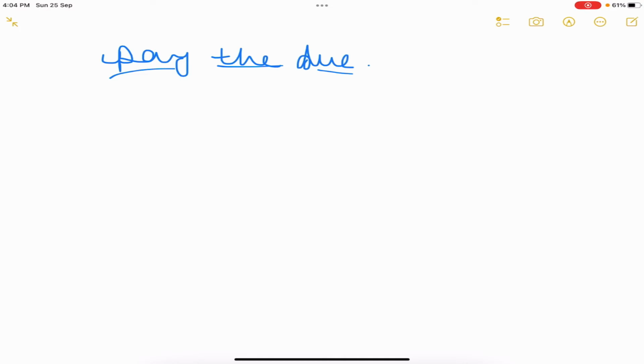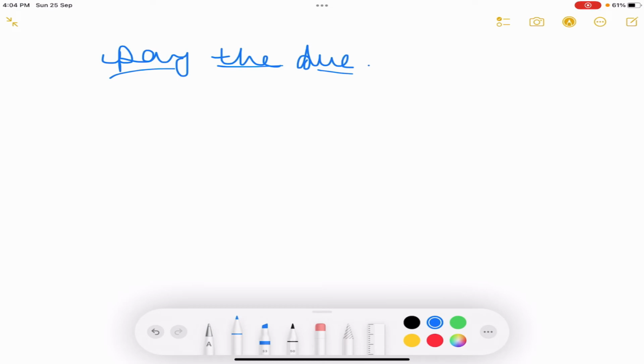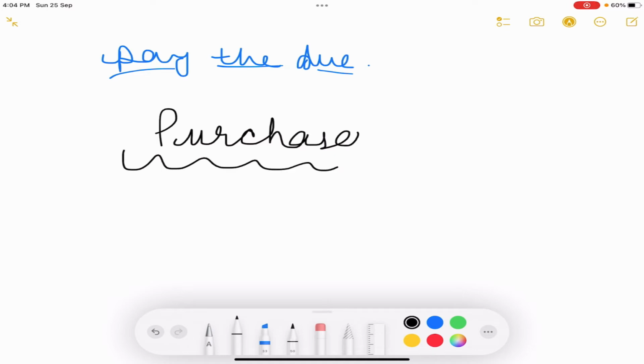How are we going to go about the journal entries? First, let us see what happens in the situation of purchase. In a purchase, you have to pay the input tax, right? So normally how do you pass a journal entry?